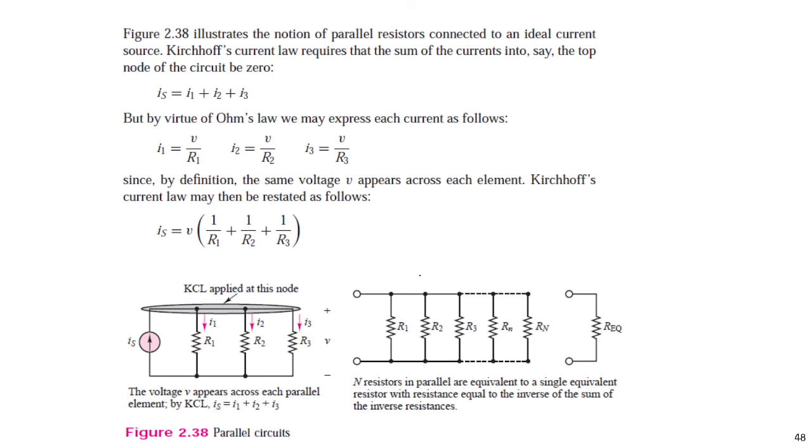And the total resistance is computed by 1 divided by REQ, or R total. REQ is equal to the summation of 1 over R_n, with n equal 1 to N. The summation of the inverse value of the resistance.